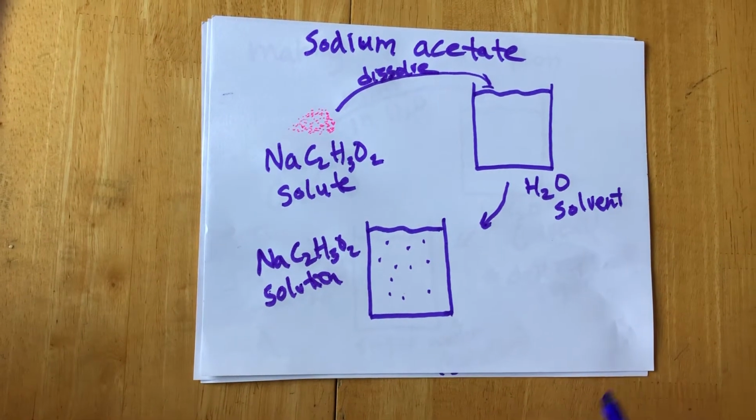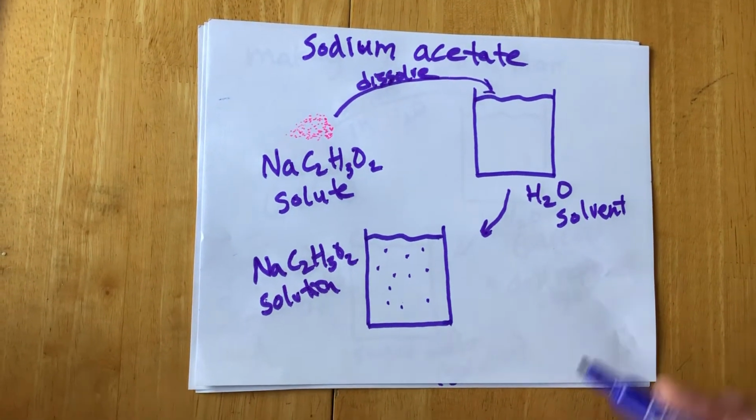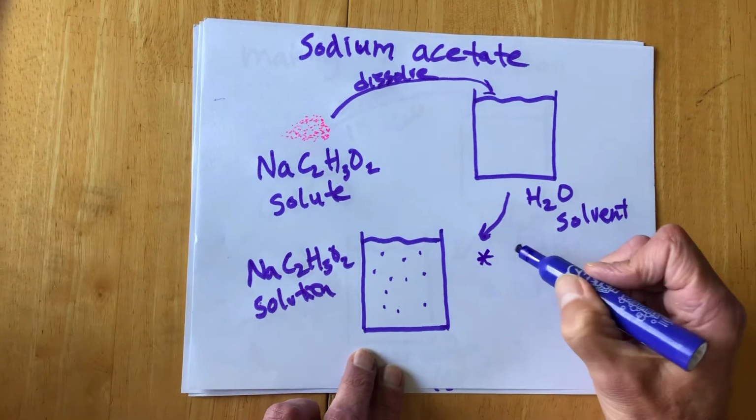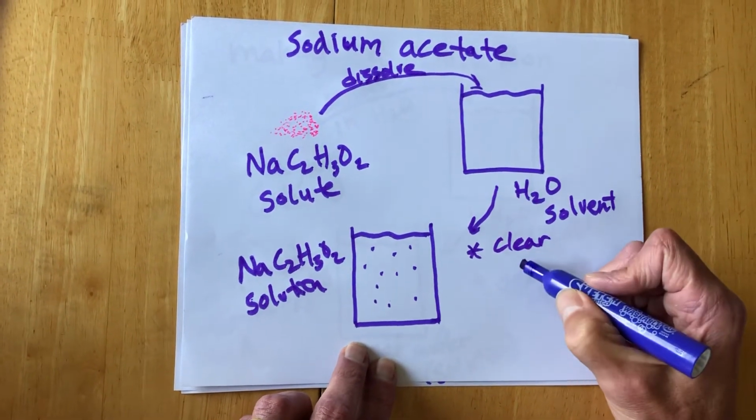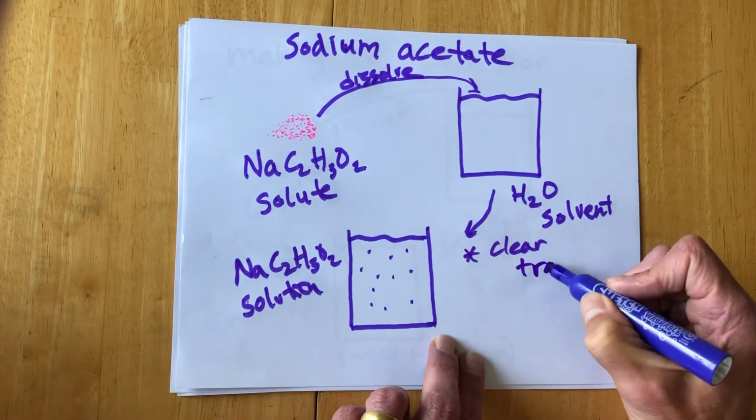In this case, they're actually ions, but we'll get into that some other time. This is going to be clear, transparent, just like the sugar solution was.